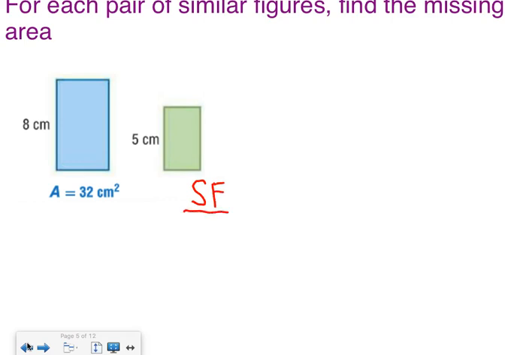SF stands for scale factor. What would my scale factor be? You're just going to pick two sides and write a ratio. So I only know these two, right? Yeah. 5 over 8. Now let's put the small one on top.